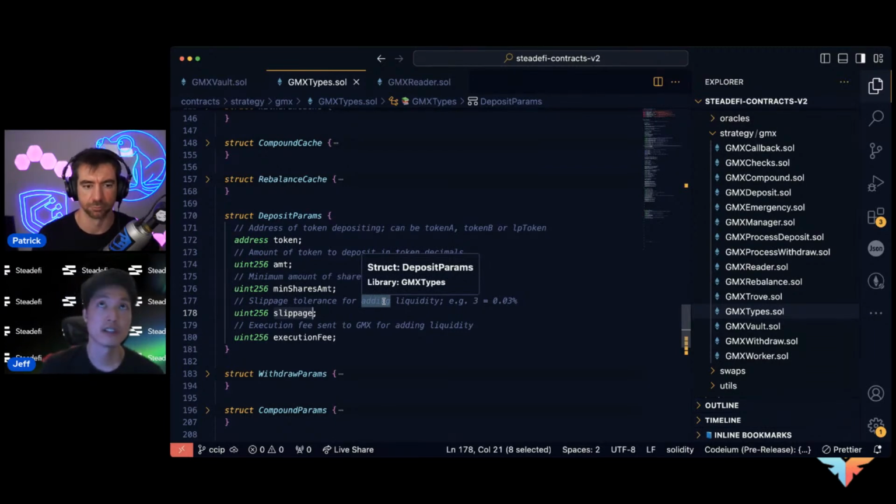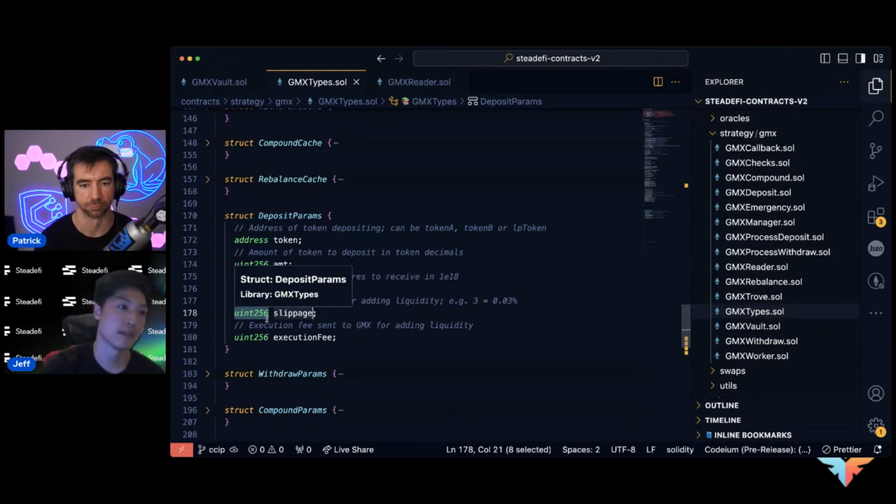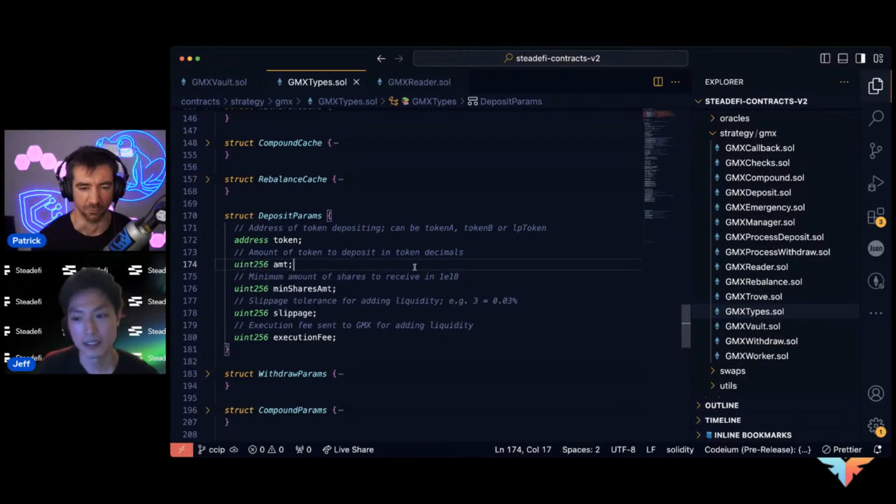Slippage in this example is, let's say if I deposit $1 into GMX, I should get back at least $1 worth of GMX liquidity token. But if my slippage is too high, essentially, GMX would not give you back those tokens, because it's saying that you want a better rate, and we can't give it to you, so it would return the assets back to you. And because of the way it's a two-transaction process, that's something we would love more eyes on.